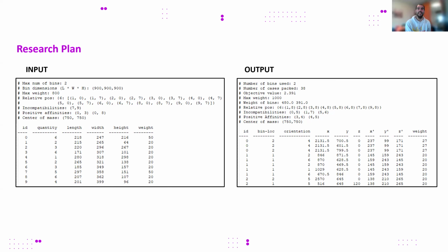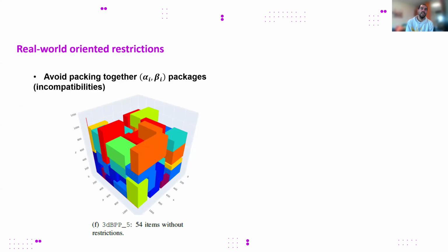Talking about the restrictions, I'm going to talk first about the incompatibility restrictions. We have here in the slide one instance composed of 54 items without any kind of restrictions, but we can tell our solver, okay, I want to apply incompatibilities.